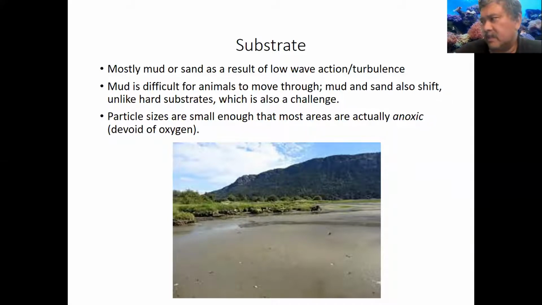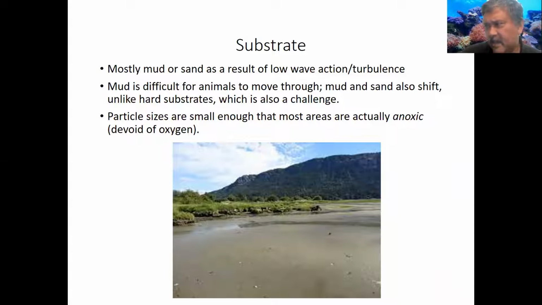So because the oxygen doesn't get in, you have a sulfur kind of smell in a lot of estuaries, because of the chemical reactions that happen in the estuary.